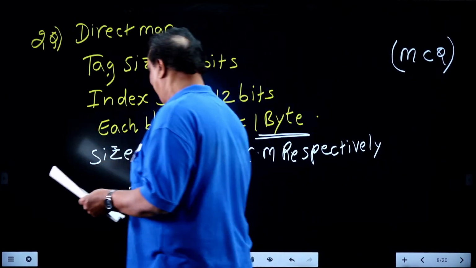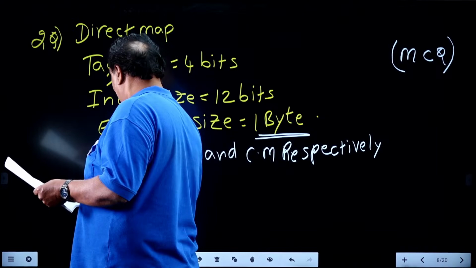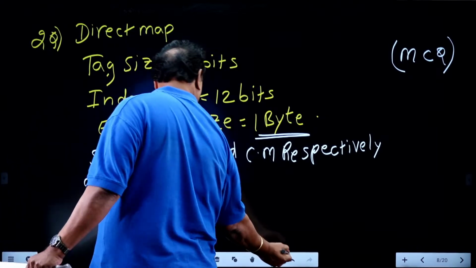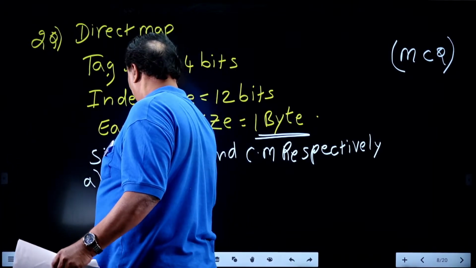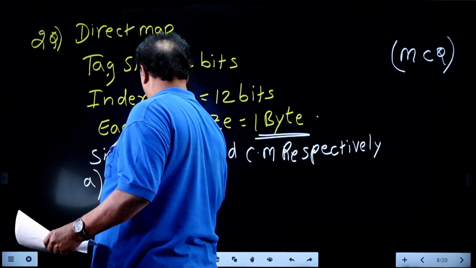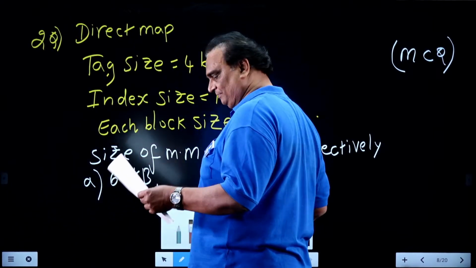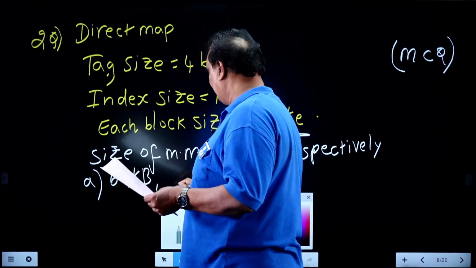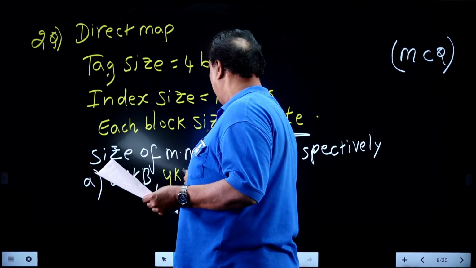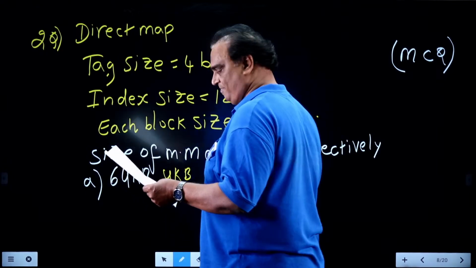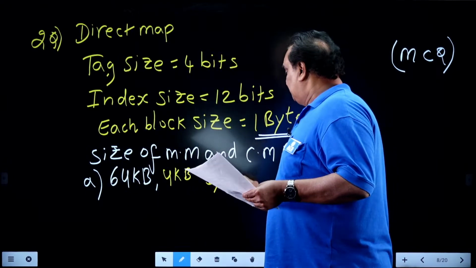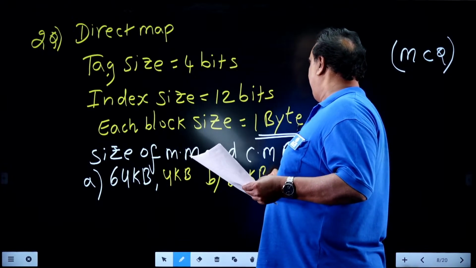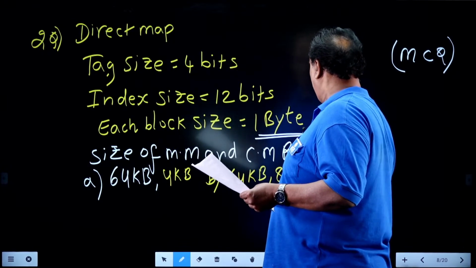Options are like this. Option A, 64 KB, capital B means bytes, and 4 KB. Option B, 64 KB, 8 KB.